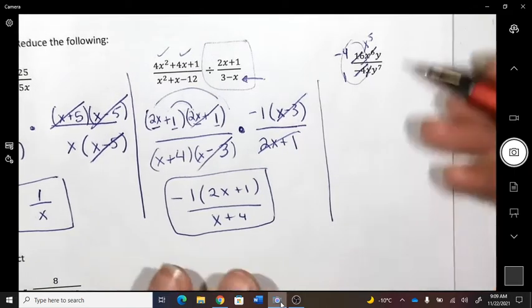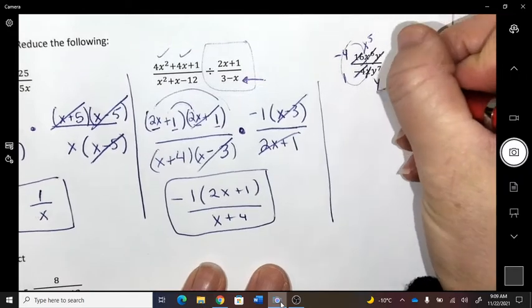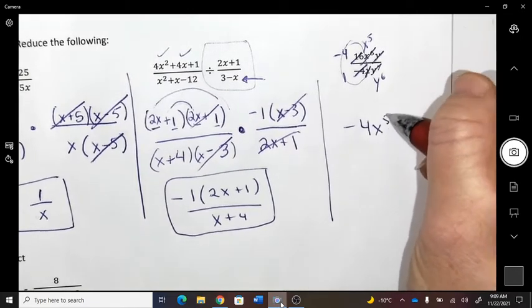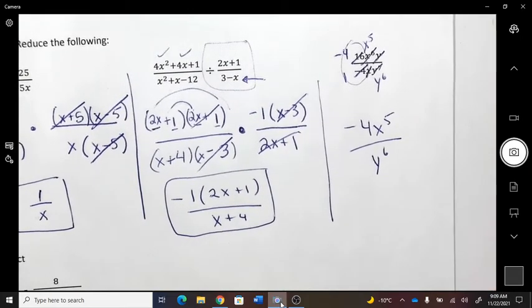So if I do that, this is canceled, and then this is y to the 6th. Okay, so the final is negative 4x fifth over y to the 6th.